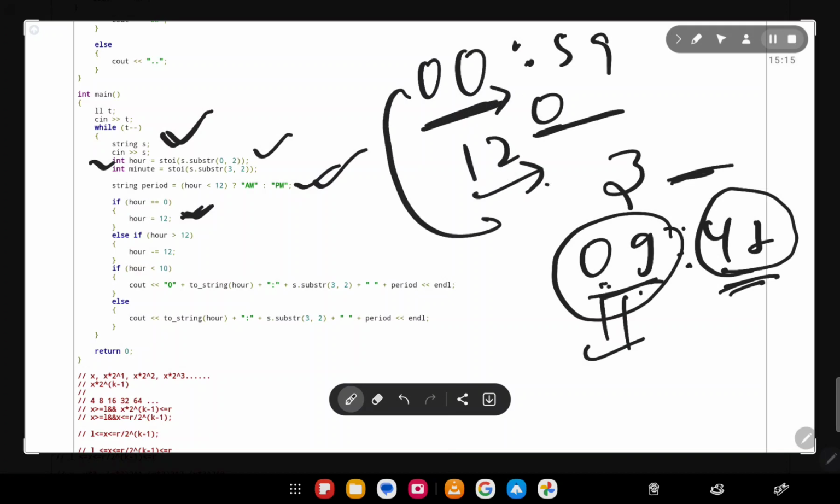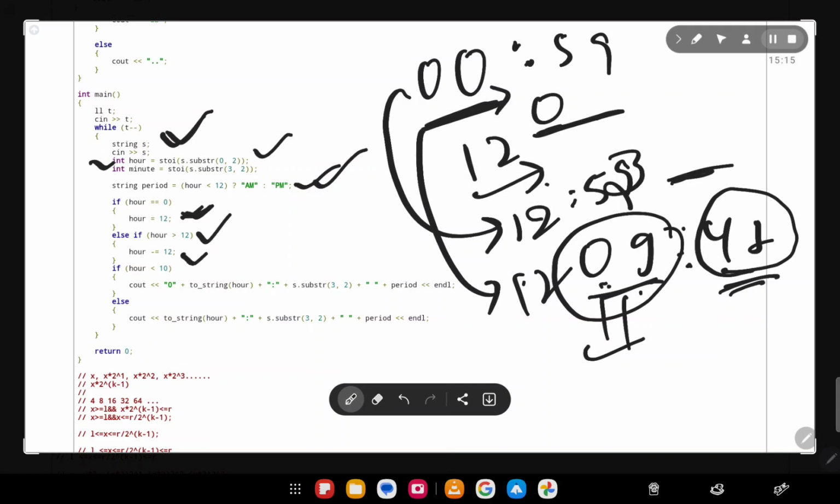If you convert it to 12-hour format, then what you will say, it is 12:59. So you will have to consider this as a 12. If hour is equal to 0, then hour is equal to 12, and if it is greater than 12, then we have to subtract 12 from the hour.